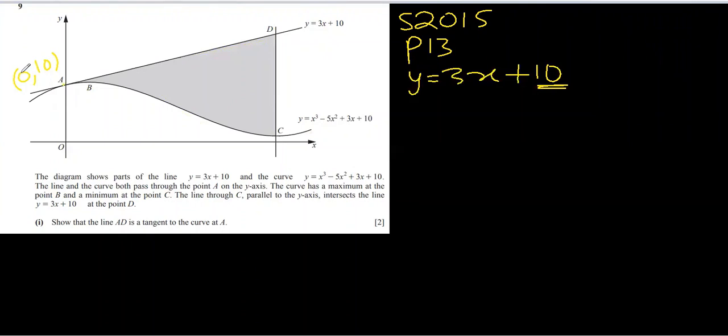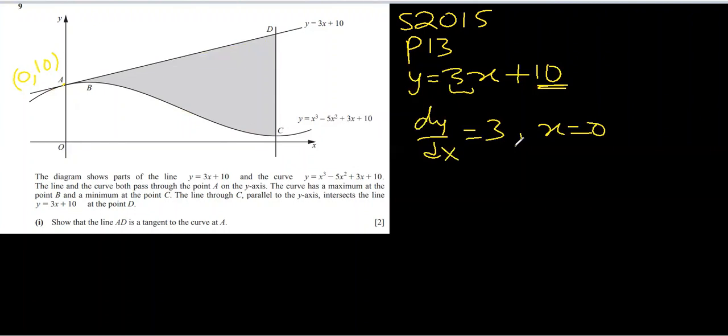So (0, 10) are the coordinates of A. And 3 is the gradient of AD. That means if we differentiate the curve, dy over dx will be equal to 3 at the point A, where x is 0.